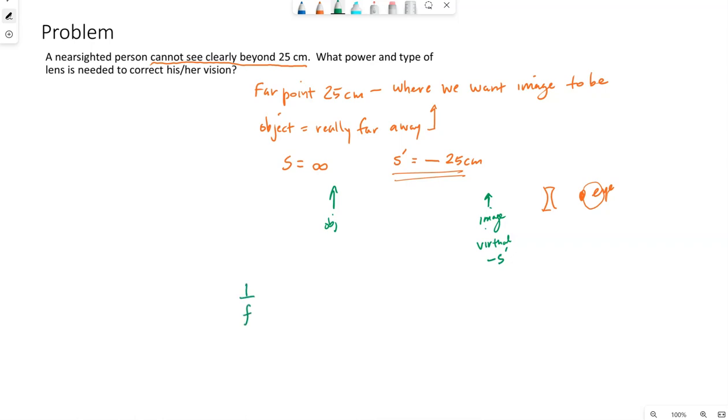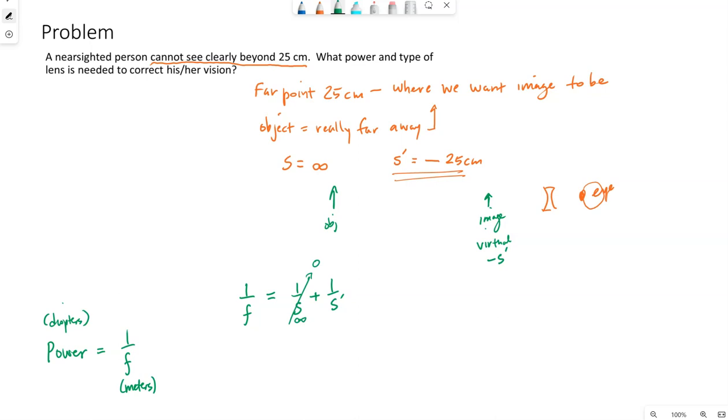All right, so as far as the power of the lens goes, the power is 1 over F when F is in meters. The units are these diopters. So 1 over F is what we're looking for. In this case, we want S to be infinitely large, really far away, so this term is going to go to 0.